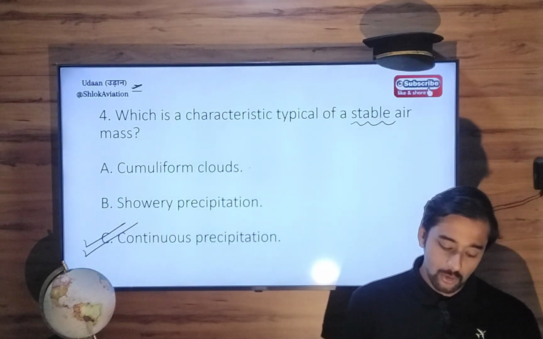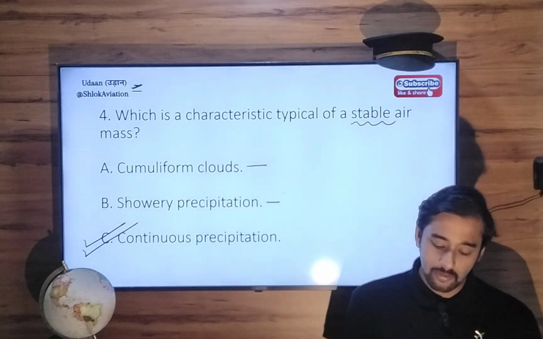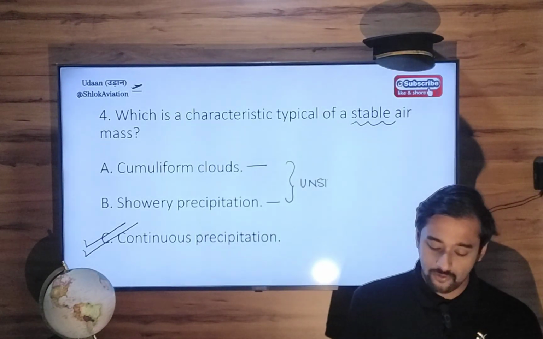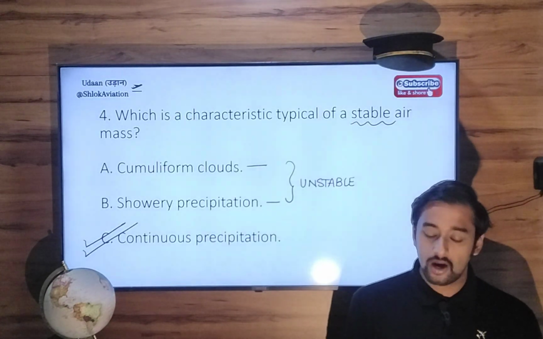Now, cumuliform clouds and showery precipitation are the outcomes of an unstable atmosphere. So what happens?